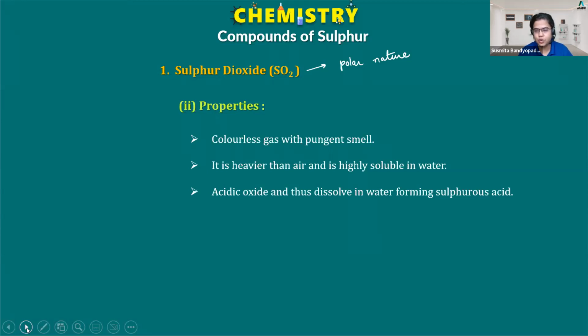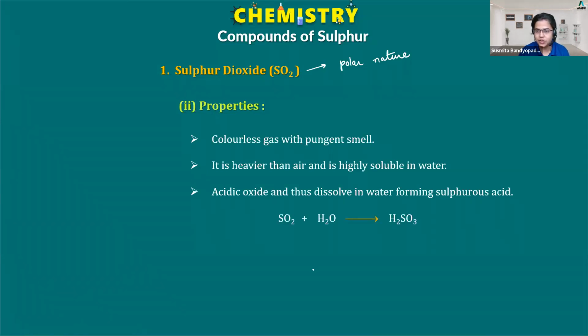Not CaO, CaO is a basic oxide. There are certain oxides of the d block, like manganese, vanadium, chromium, which dissolve in water to produce acids. So this one is an acidic oxide.